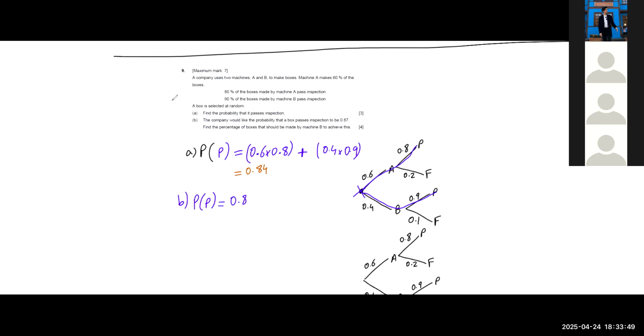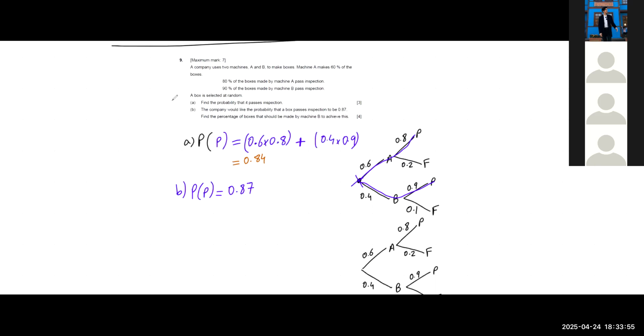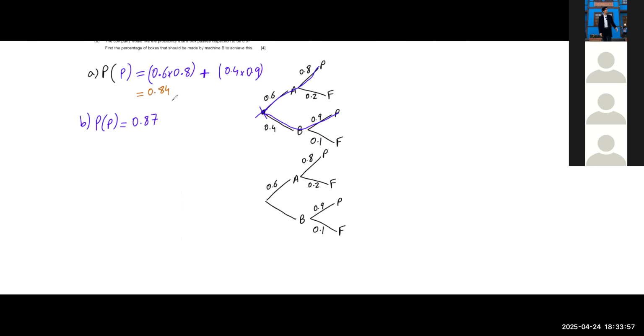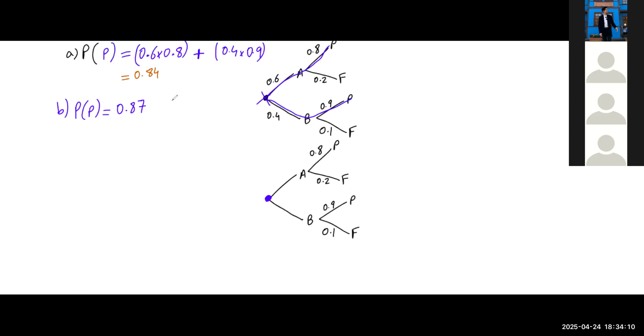And what can we play with? We can only play with the percentage of boxes that could be made by B. Which means that we can change these numbers. We can change the probability of a box being made by B and the probability of a box being made by A. We can't change these because A and B are just machines that you can't change how accurate they are. So what do you guys suggest?